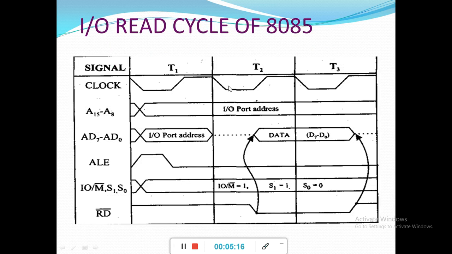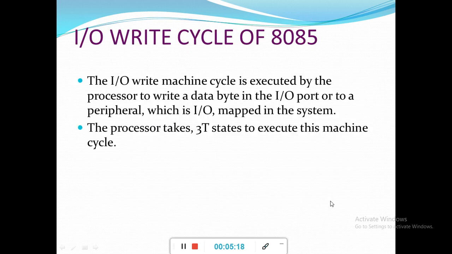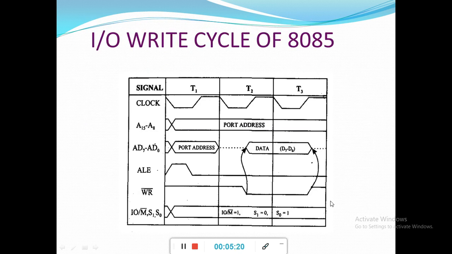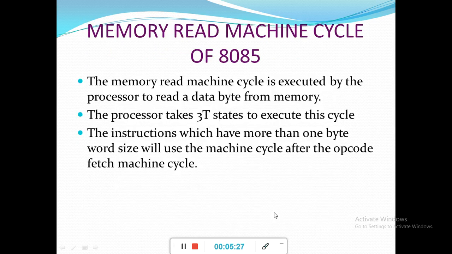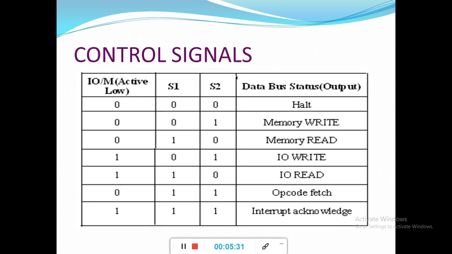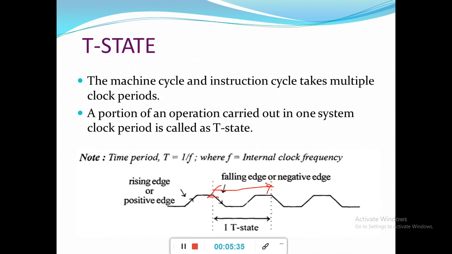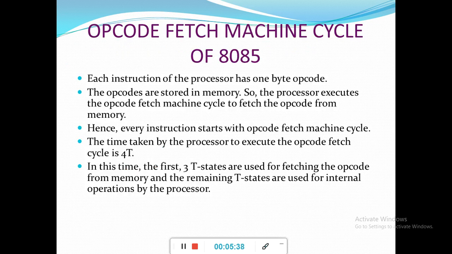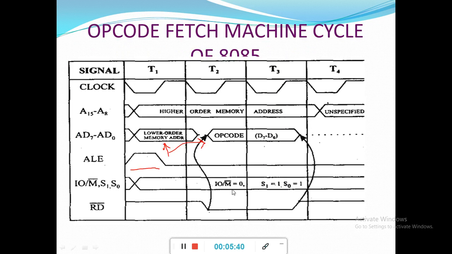Next I write the third T state. Again check this value as 0. Depending on this table, the values of S0 and S1 vary in each and every step.